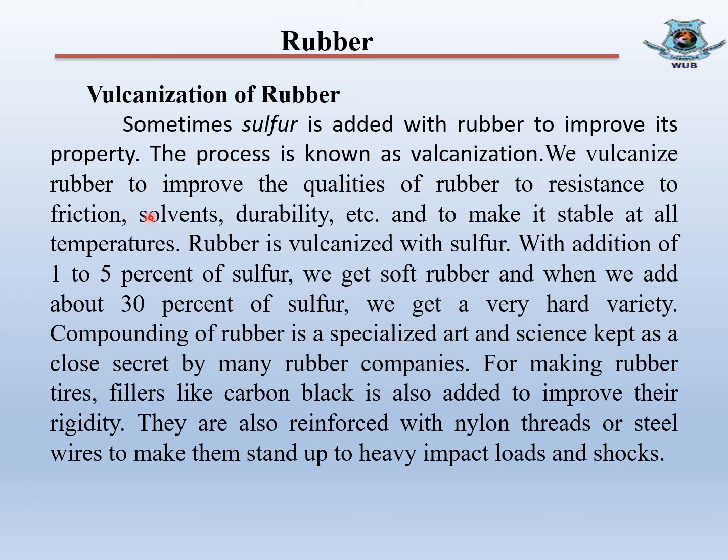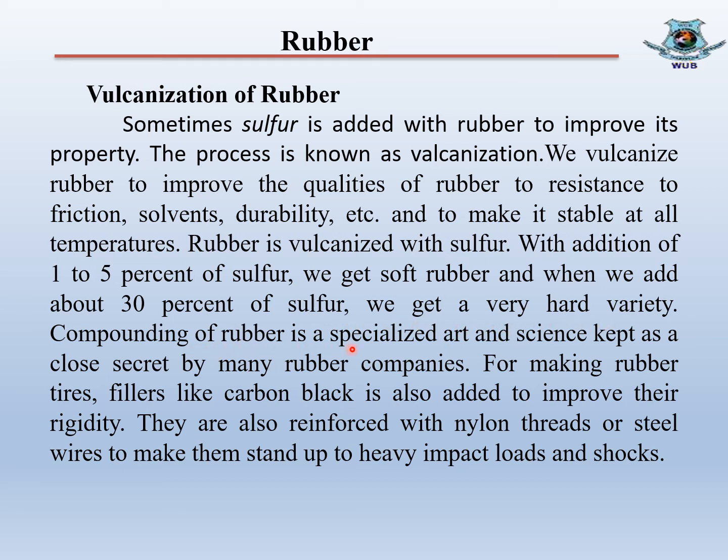We vulcanize rubber to improve the qualities of rubber, such as resistance to friction and solvents, durability, etc., and to make it stable at all temperatures. Rubber is vulcanized with sulfur. With addition of 1 to 5% of sulfur, we get soft rubber, and when we add about 30% of sulfur, we get a very hard variety.